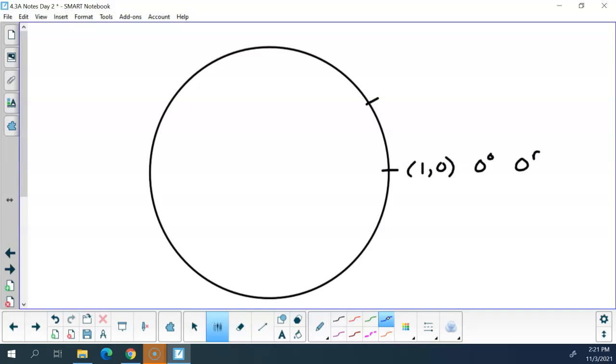Next one up is what? 30 degrees. Pi over 6 radians. No, we gotta get the coordinates first. Square root of 3 over 2, comma half. Okay.